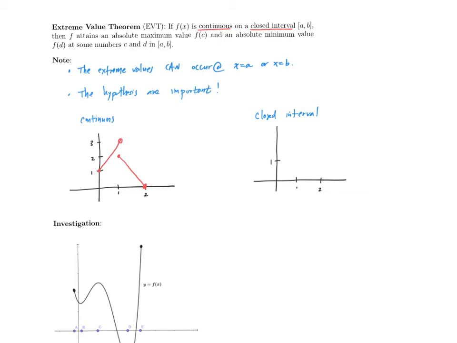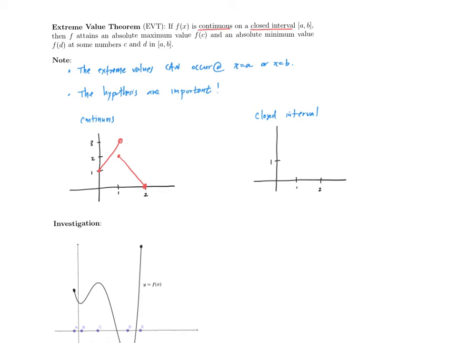But I am going to say there is no absolute maximum. And intuitively, you might look at this and say, well, of course there is. 3 is the absolute maximum. But note, in order to be that absolute maximum value of 3, you would have to have an input that gives you 3 as an output. And no input goes to 3.